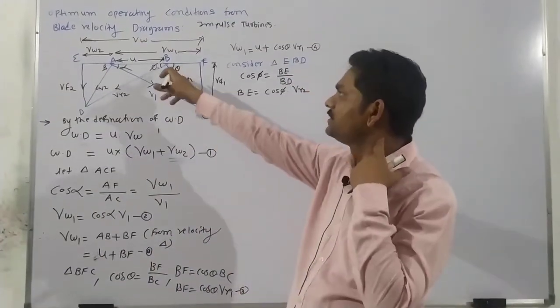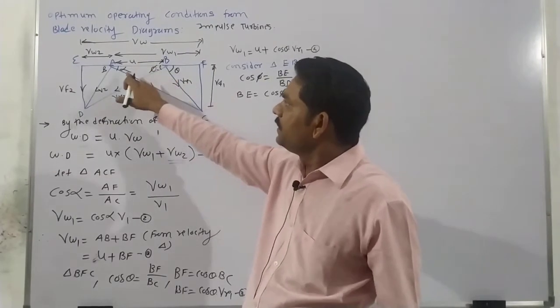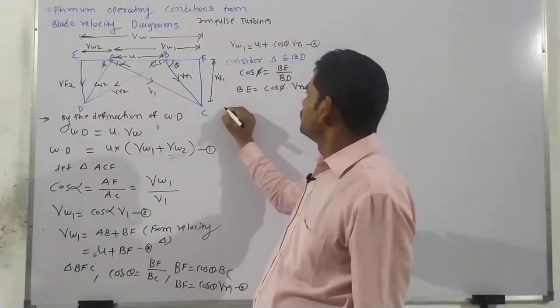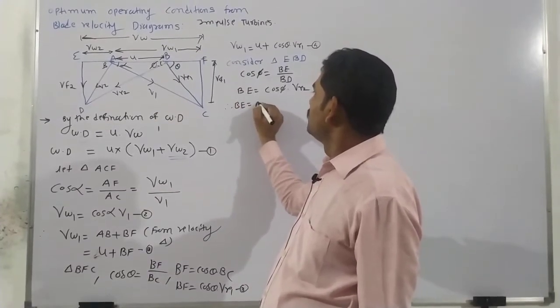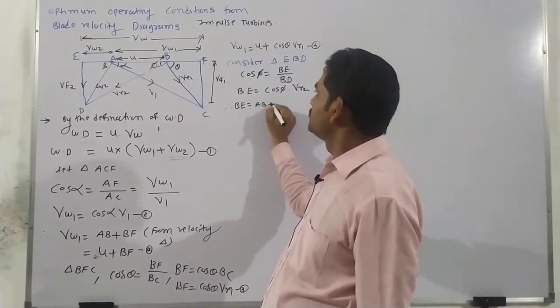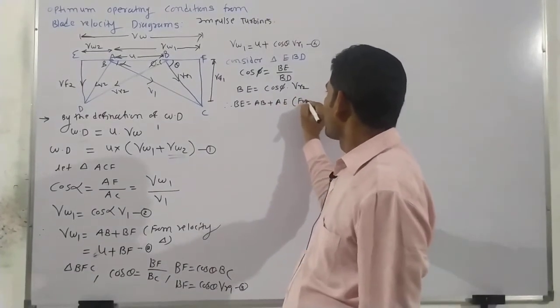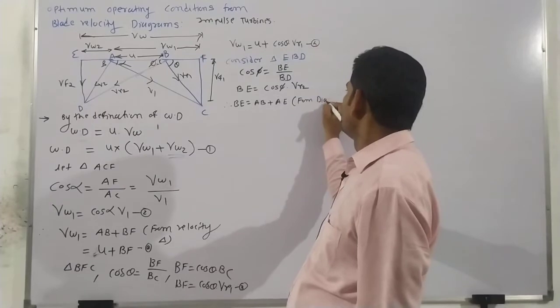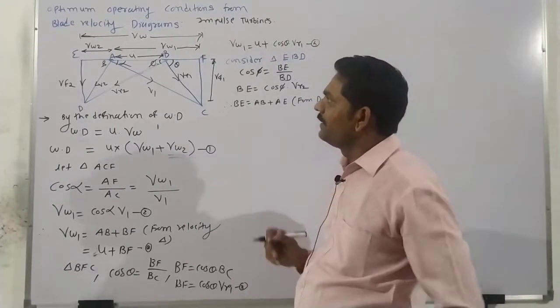But now if you consider BE, BE is the sum of AB plus AE, from the diagram. Yes or no? Yes. What is the value of AB?